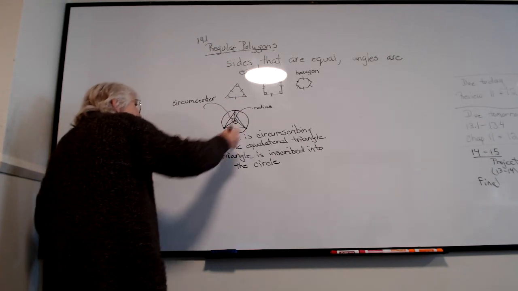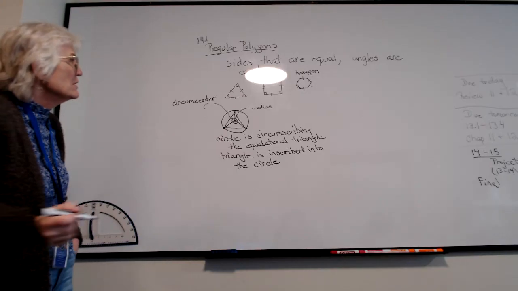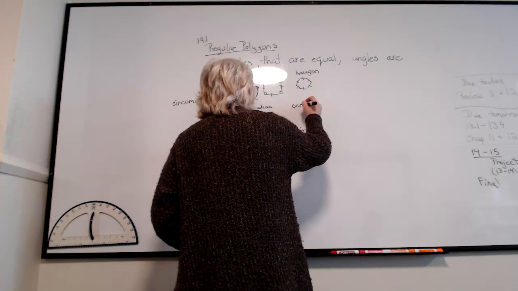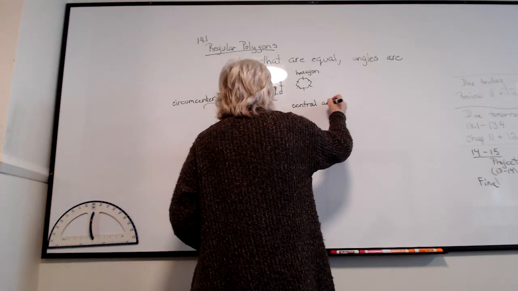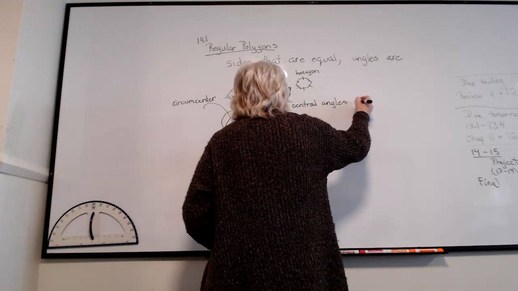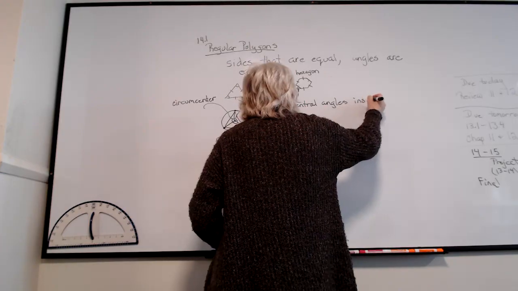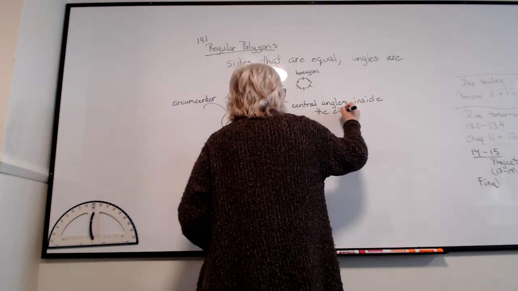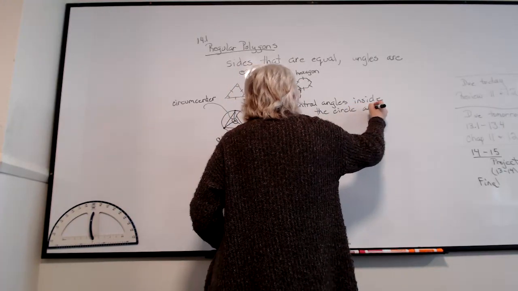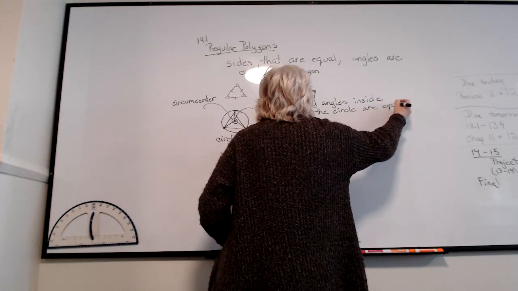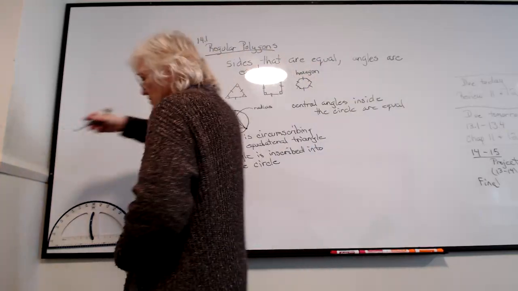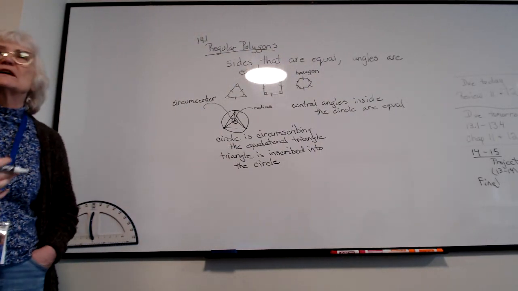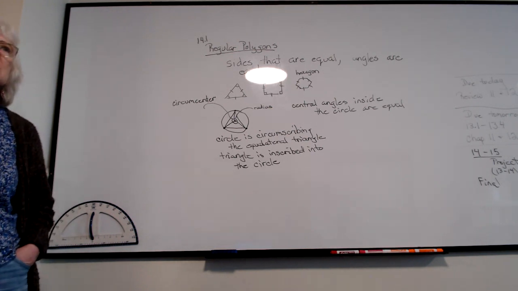So all the central angles inside the circle are equal. And that's true no matter how many sides you have. It's true for squares, it's true for regular pentagons, it's true for regular hexagons, etc.